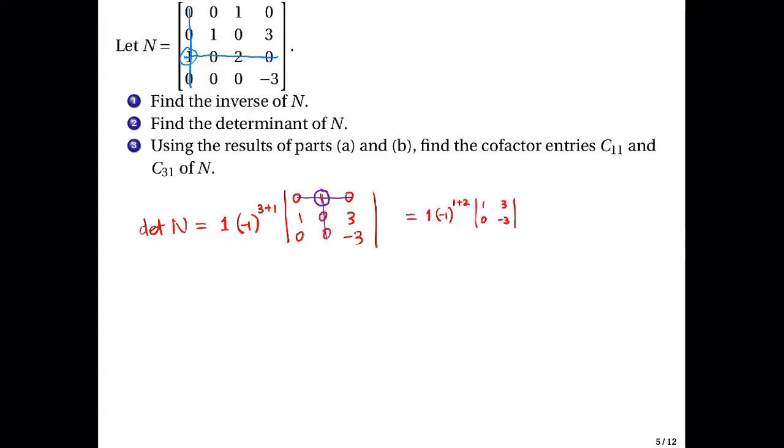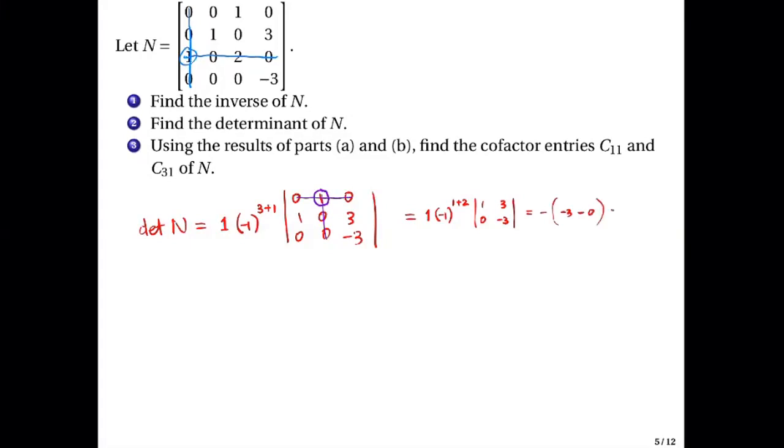Again, this guy here is just positive 1, so it disappeared. For this guy, it came from the determinant of this 3 by 3 matrix. And then 1 times negative 1 raised to 1 plus 3. This is negative 1. So this will be equal to negative of negative 3 minus 0.